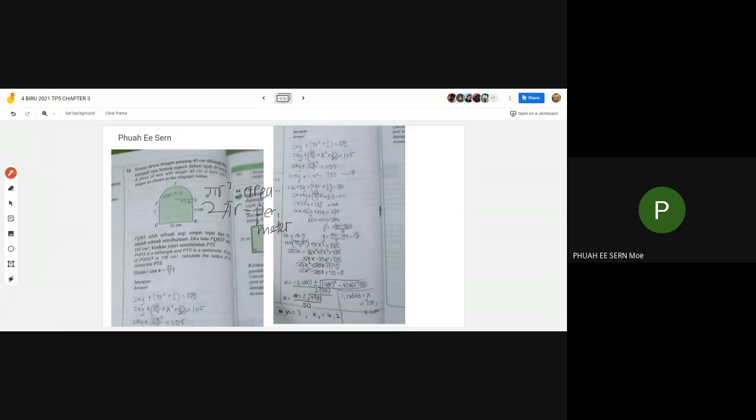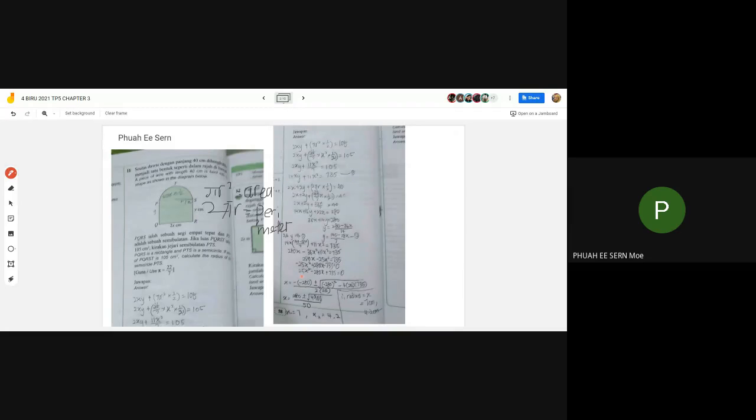This 14x times this one becomes 280x minus 36x squared, then plus 11x squared. Then the negative 36x squared plus 11x squared becomes negative 25x squared. And then I bring the 735 over, so it becomes the general form for this equation.